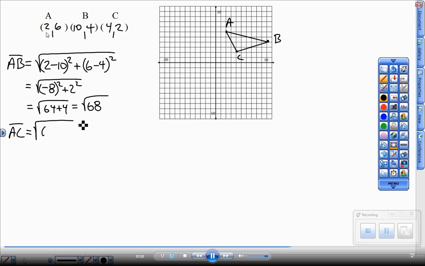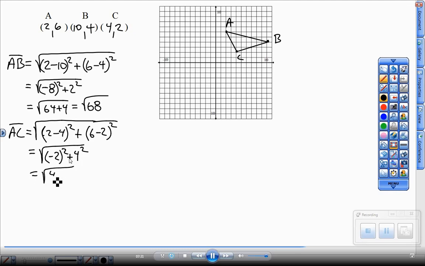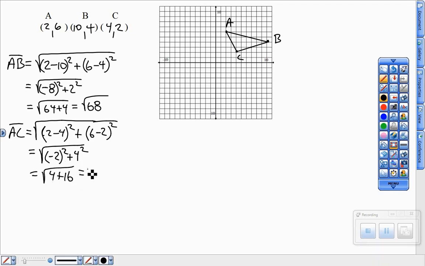Subtract the x's and y's together. So 2 minus 4, 6 minus 2 gives me negative 2 squared plus 4 squared. Make sure you write these in parentheses, negative 2 with parentheses around it, squared plus 4 squared. Gives me 4 plus 16, which is root 20.